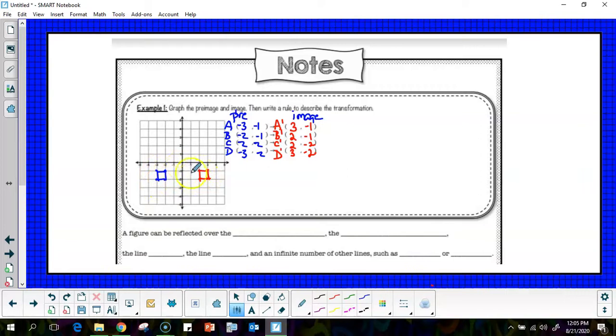Anytime you use squares and rectangles, it's kind of hard to see, but it actually flipped across the y-axis. Let's look at what happened with the coordinates. All of the x values changed to their opposite, and we just looked at one a while ago, and we discovered that if the x values change to their opposite, that means it is reflected over the y-axis.